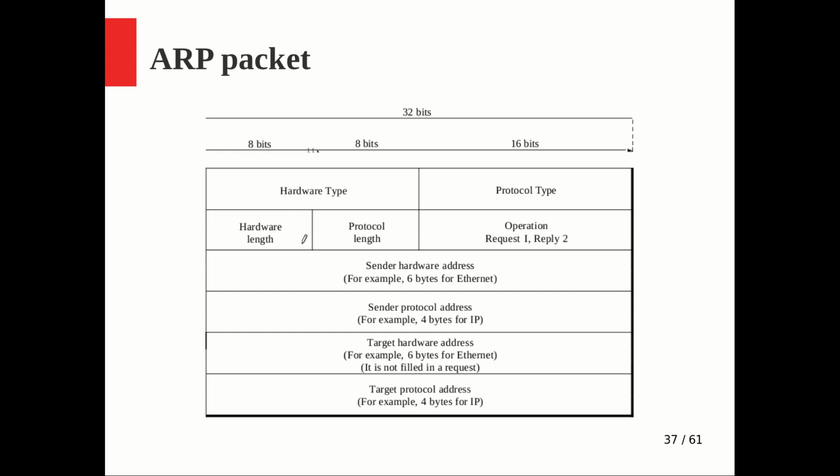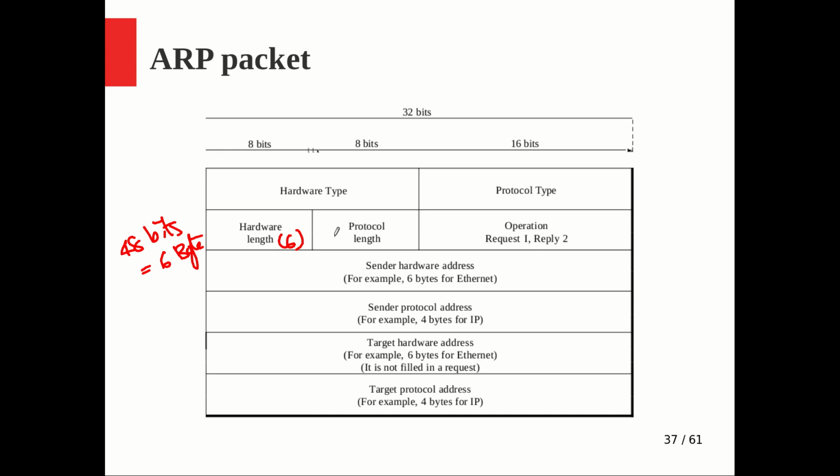So hardware length means the length of the hardware address. That is, if you are using an Ethernet address, you know it's a 48-bit number, right? And typically we represent length as a multiple of 8, so 48 bits is 6 bytes. So if it is Ethernet, the number 6 will be stored, indicating that the length of the hardware address is 6 bytes.